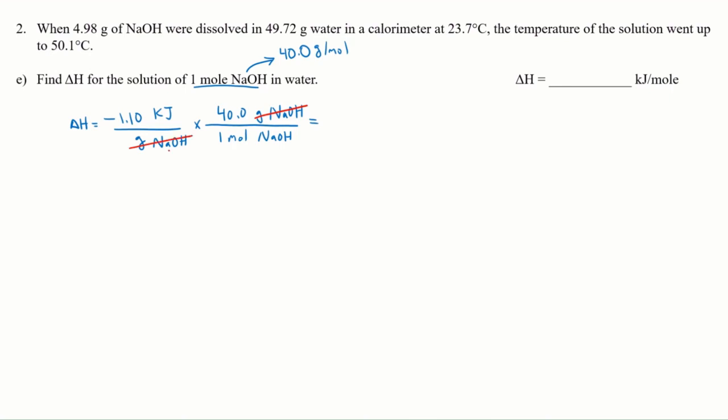This way I can cancel the grams of sodium hydroxide, and my final units will be kilojoules per mole of sodium hydroxide. If I do the math, it's going to be negative 44.0 kilojoules per mole of sodium hydroxide. So the final answer is negative 44.0 kilojoules per mole.